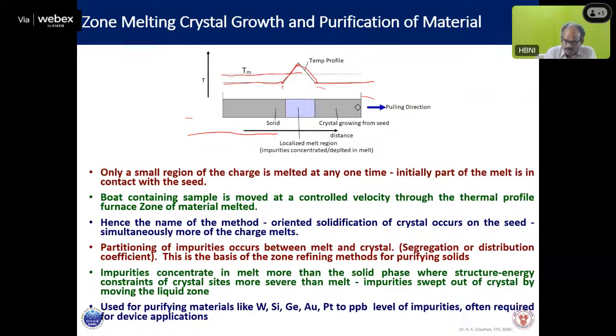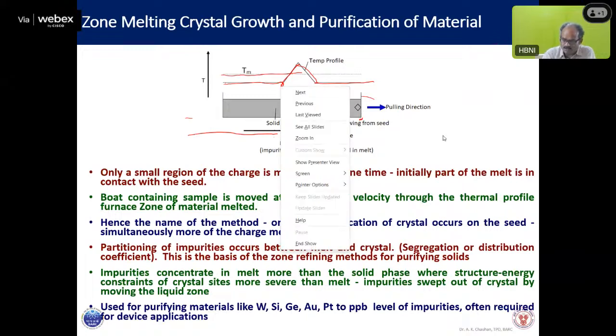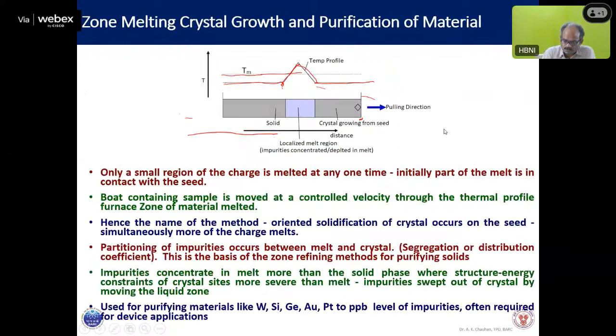up to this point, when this portion comes here, everything will be in the solid form. And then as it starts moving from this side to this side, slowly and gradually some portion will be in the molten state, and then as it moves and comes to this place, it will start to solidify again. Once you make a complete cycle, you will get a full crystal.